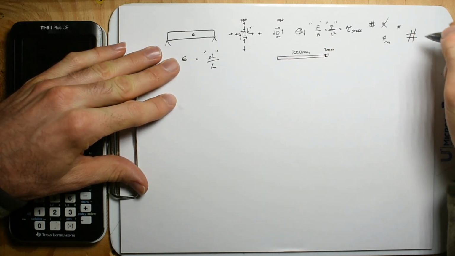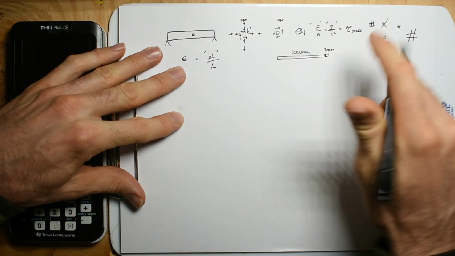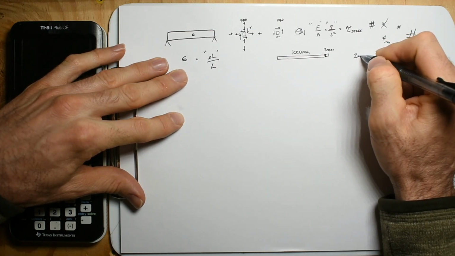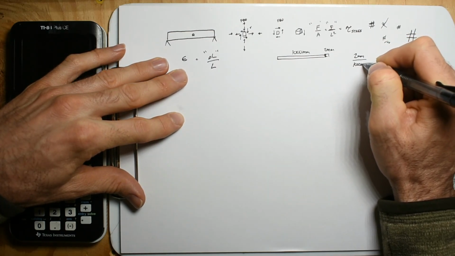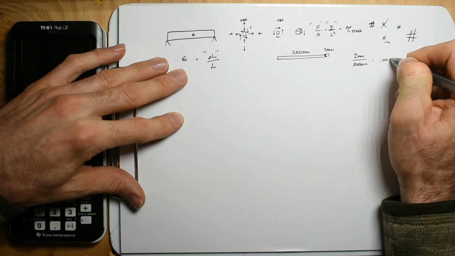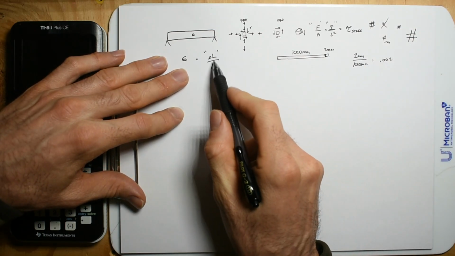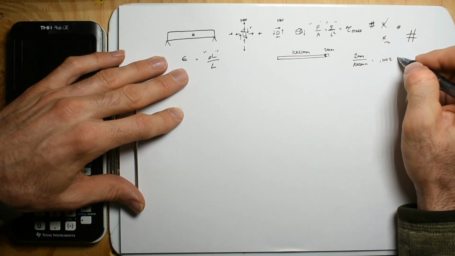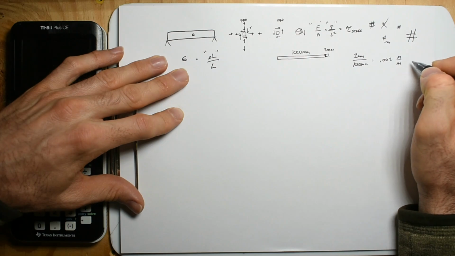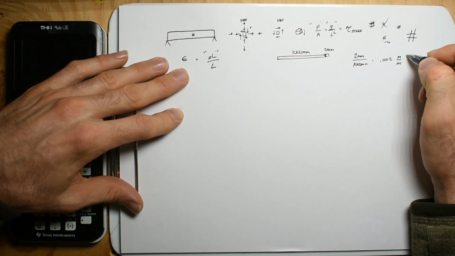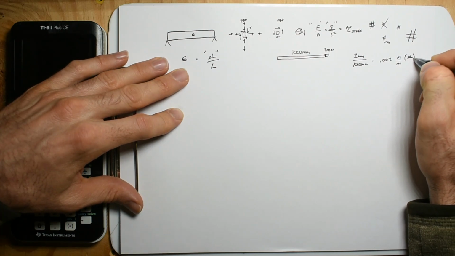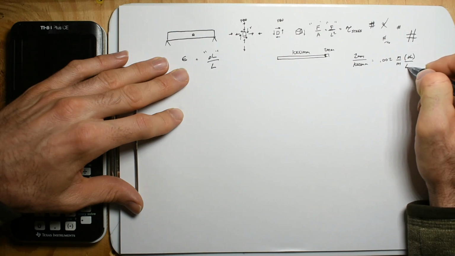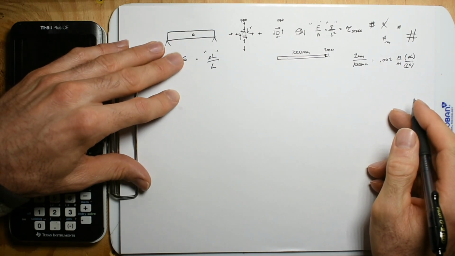But the same thing applies. If I know something can only change by 2 millimeters per 1,000 millimeters, which is 0.002, this is where we get this change in length in meters per initial length. But still, the units are a change in length per initial length.